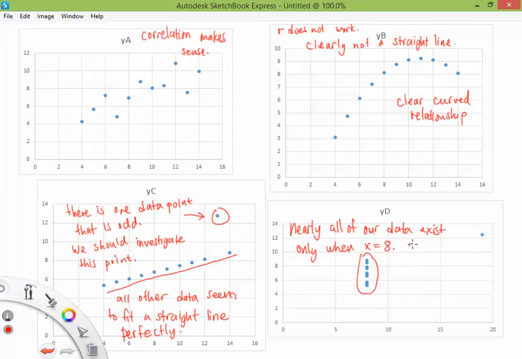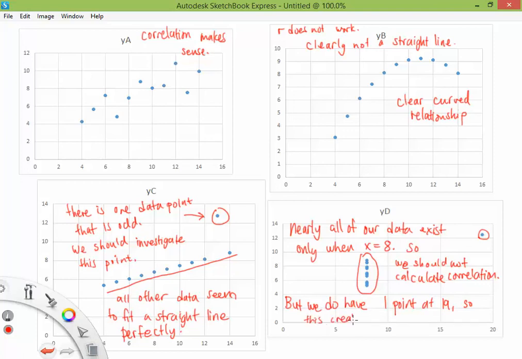So we should not be able to calculate correlation at all. We should not calculate correlation. But we do have one data point out at 19, and this creates the illusion that there is a positive relationship.